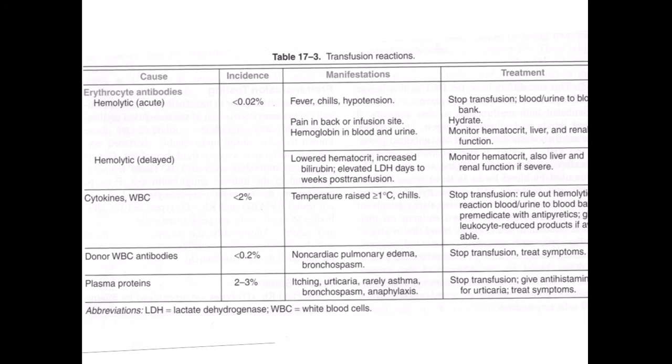And sometimes we use antibiotics on those patients if the temperature is high. But the most important thing is to know what is really causing the symptoms of the patient who is taking the blood.